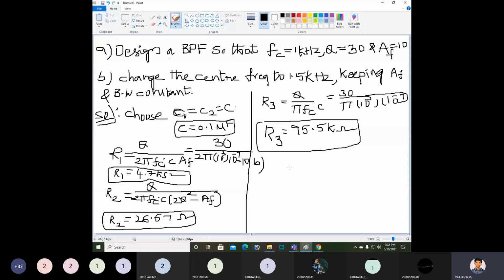So B is the value of resistor R2 required to change Fc from 1 kilohertz to 1.5 kilohertz.